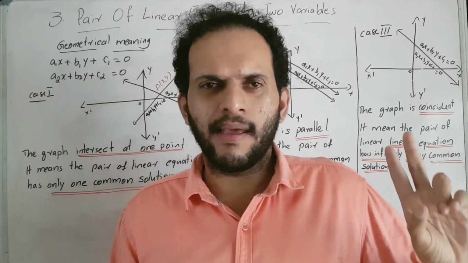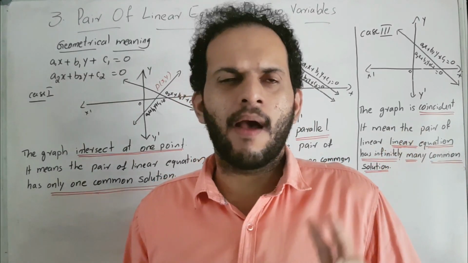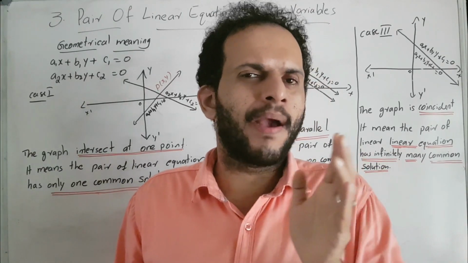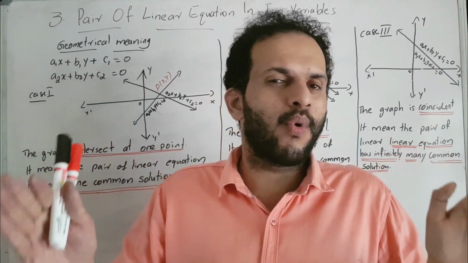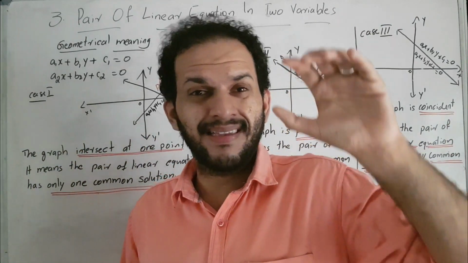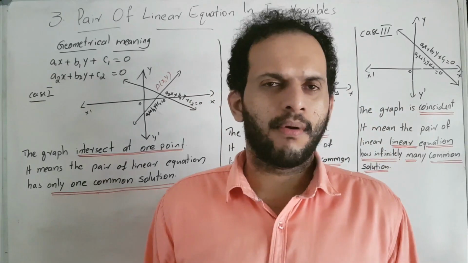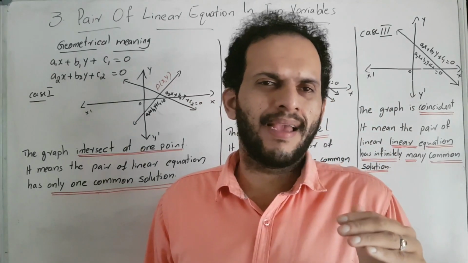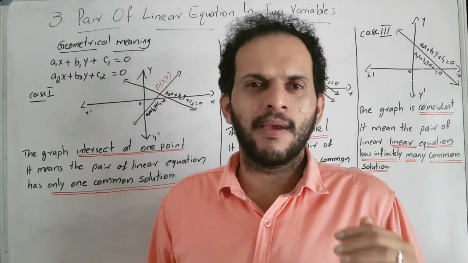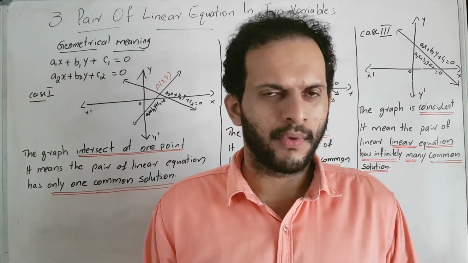The second case: the graphs are parallel, which means the pair has no common solutions. The third case: the graphs are coincident, which means the pair of linear equations has infinitely many common solutions.